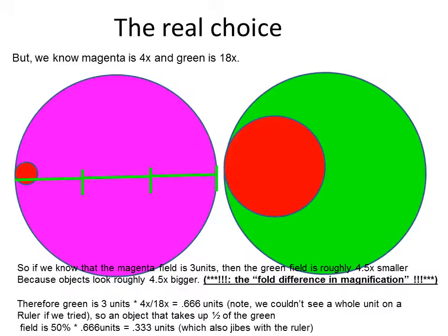And then we do our second job, which is to say what percentage of the field is occupied, and that's 1/2. So we multiply those together: 50% times 2/3 of a unit is 1/3 of a unit, the total size of red, which kind of jibes with what we see if we just eyeball it with the low power.